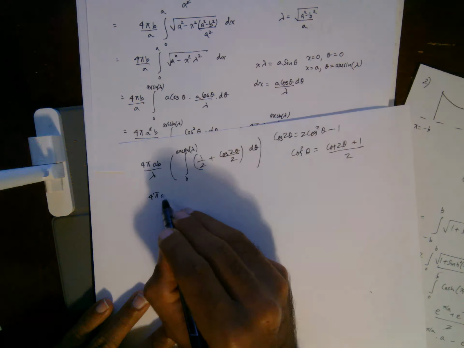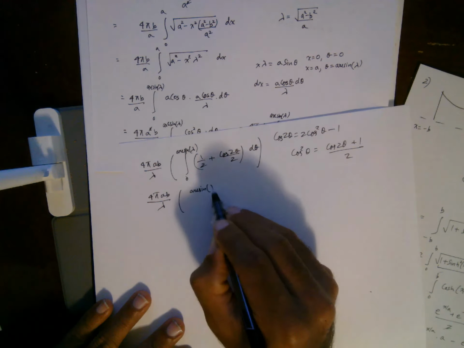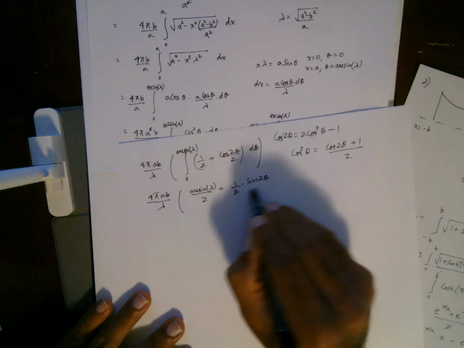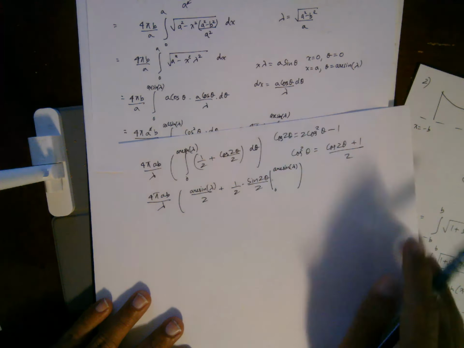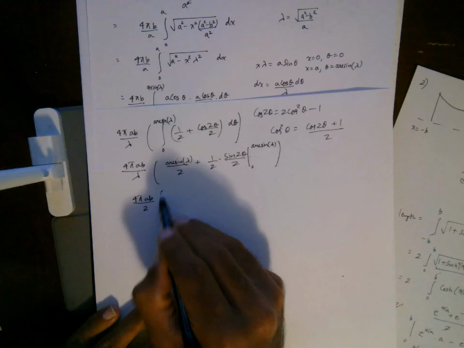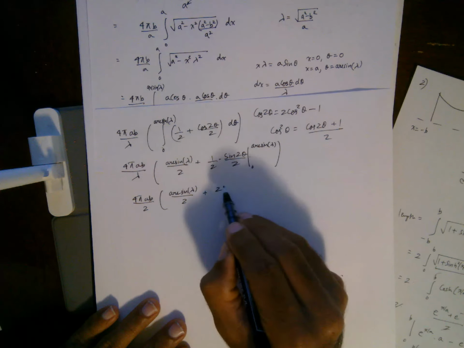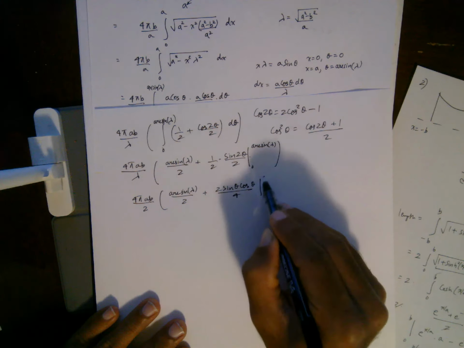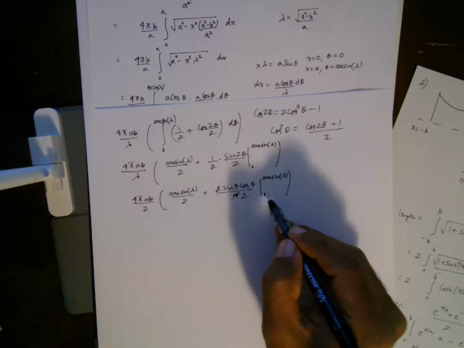Alright, that's 4 pi ab over lambda times arc sine lambda over 2 plus 1/2 sine 2 theta over 2. Sine 2 theta is 2 sine theta cosine theta. So this is arc sine lambda over 2 plus 2 sine theta cosine theta over 4, from 0 to arc sine lambda. Now when it's 0, it's just going to be 0.